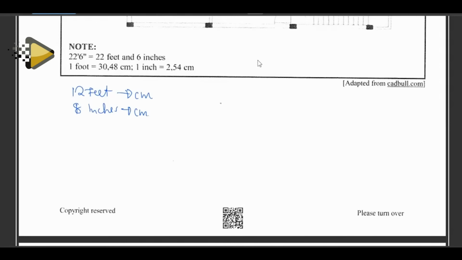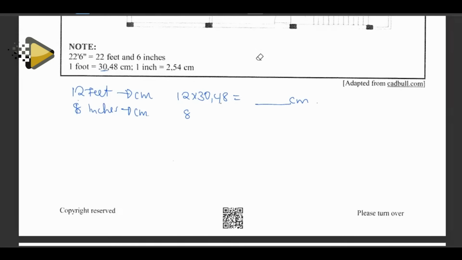Let's say 1 foot equals to this much, and we have 12 of them. So 12 times 30.48. The answer you get here will be centimeters. Sorry, you have 8 inches, not 18. 8 inches times 2.54.